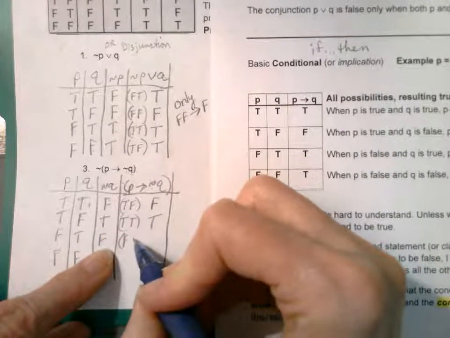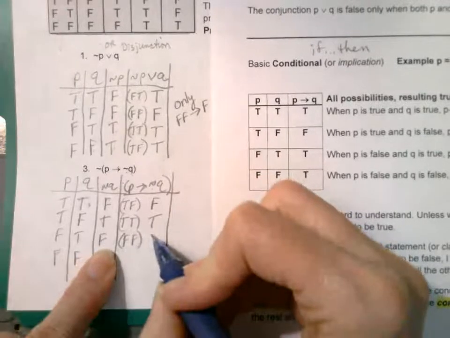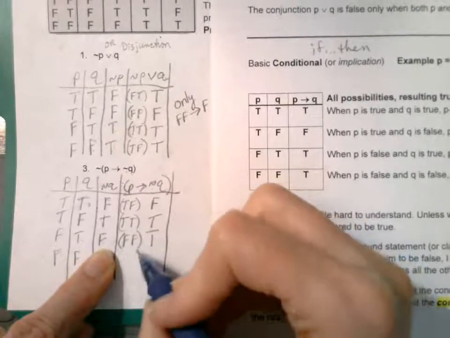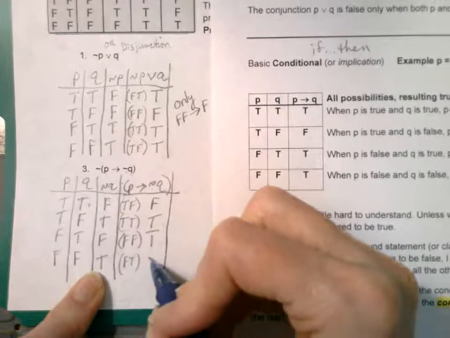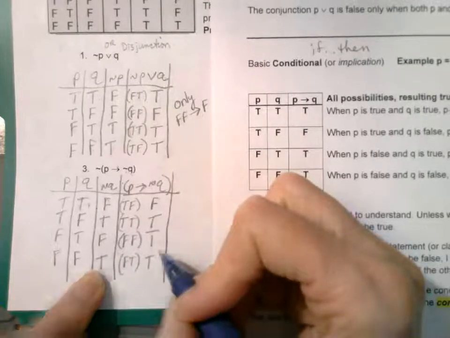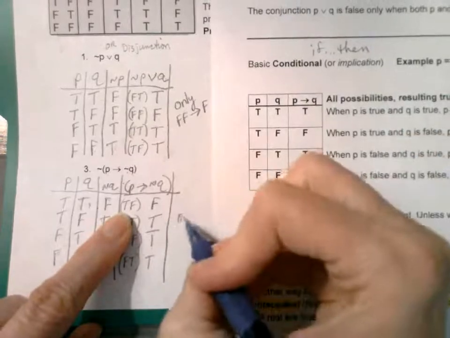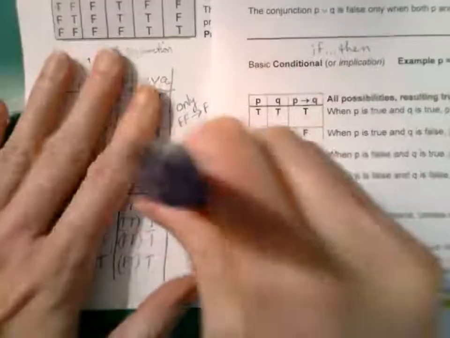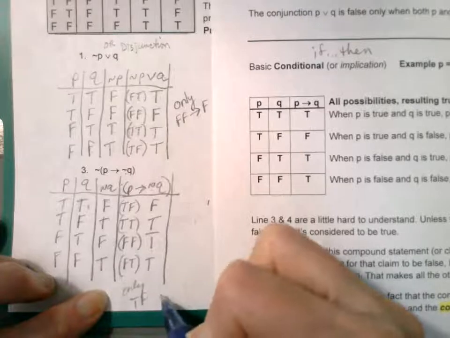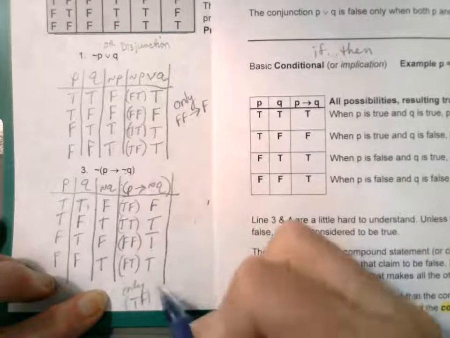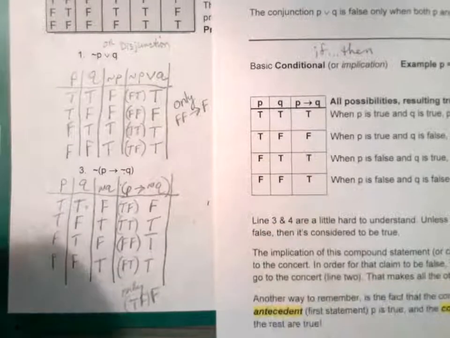P, not Q, F then T, true. So if you want to think about it, only TF is false with a conditional.